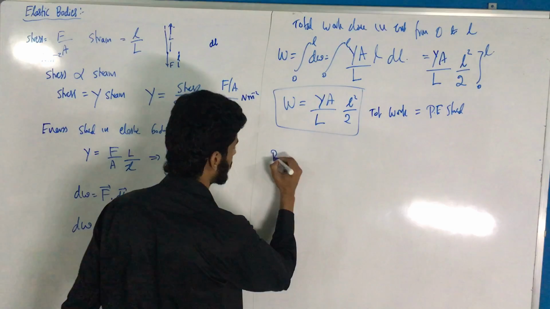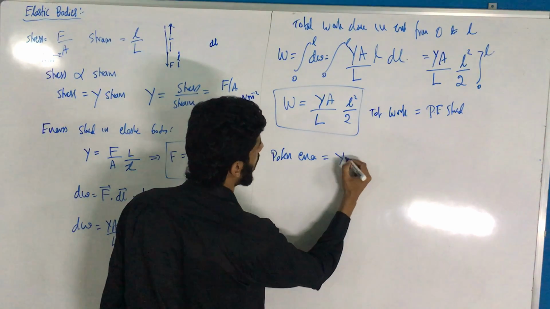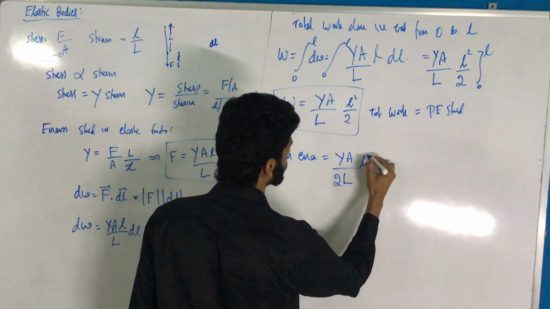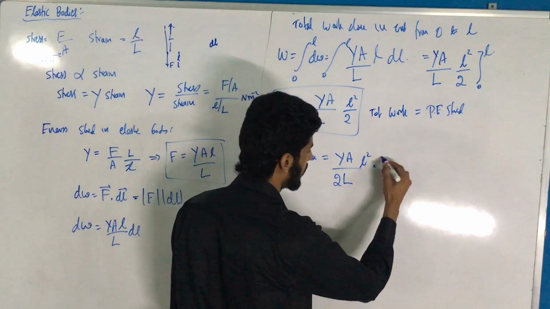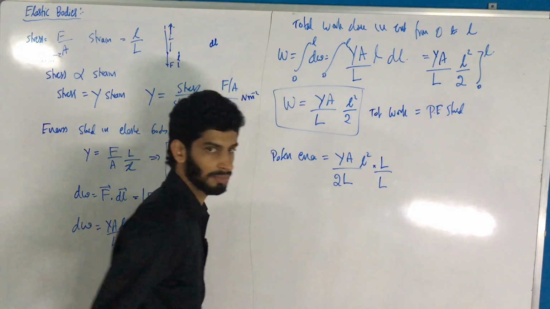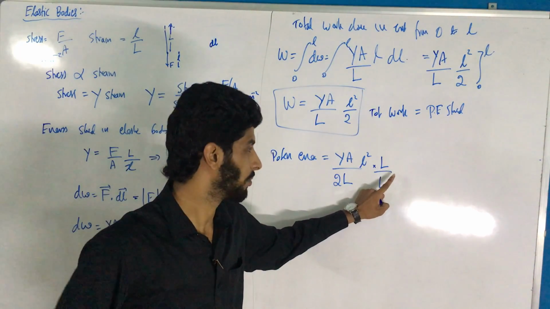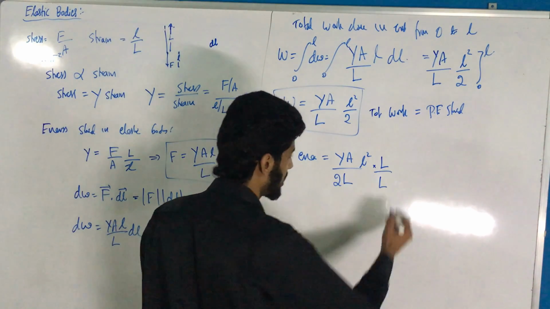So the potential energy is equal to YA by capital L times l squared by 2. I'm going to multiply and divide by capital L, the original length of the elastic body, to do some manipulation here.